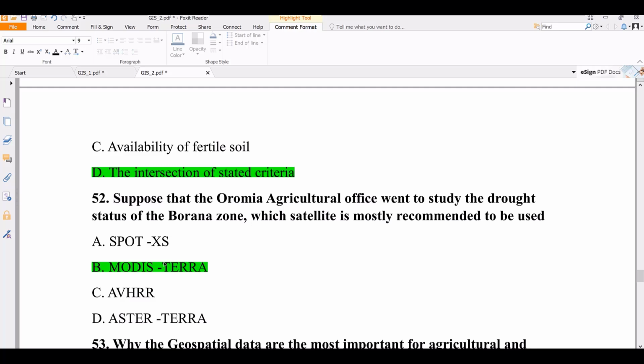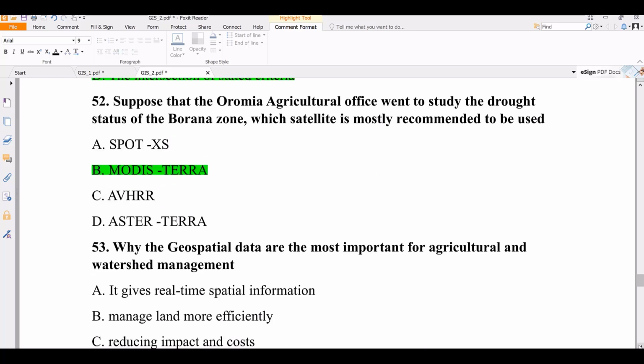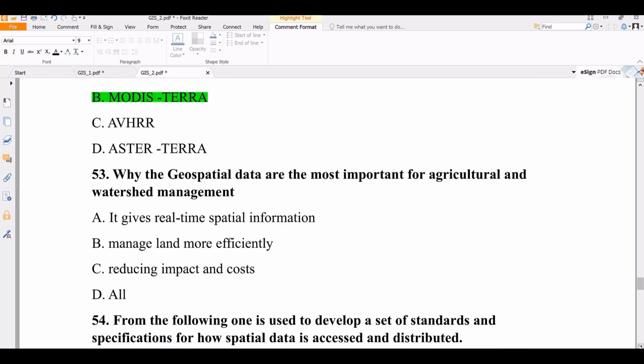So this is used to analyze the change detection of drought status of Borana zone. In order to acquire data for temporal studies and change detection, MODIS Terra is very essential.